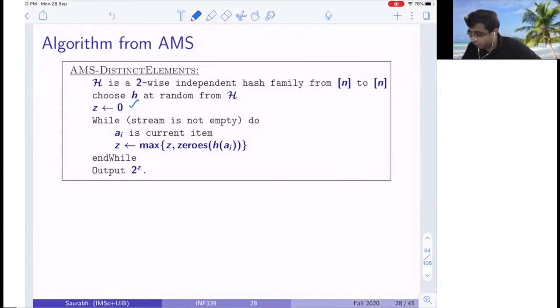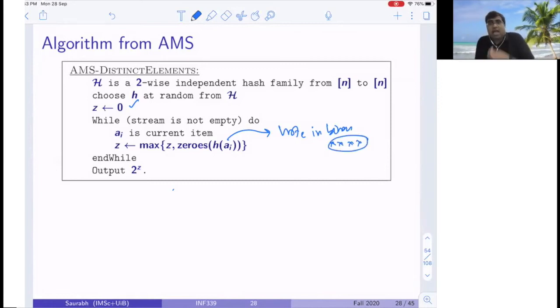When I say zeros of h of a_i, you write it in binary and you count the number of zeros. Now z is storing the highest level of any number it has seen so far. If the current number of zeros is larger, then we update it, and that's it. And what are we outputting? 2 power z. Right? So this is the end of the algorithm.